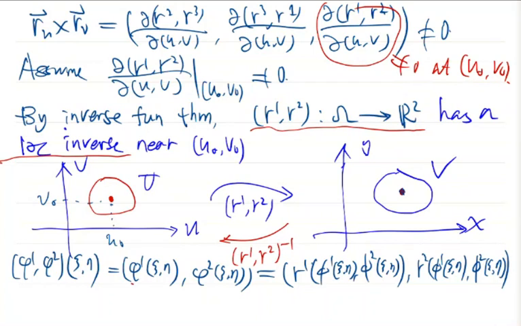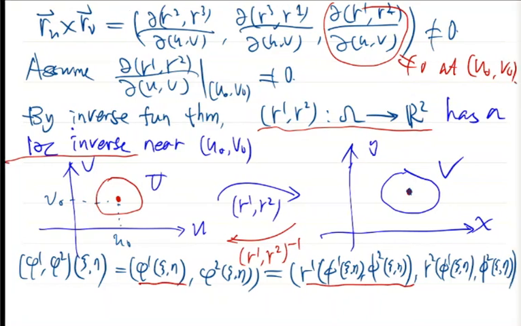So phi1 cos eta is R1 of phi1, phi2 cos eta. That is the first equation here.